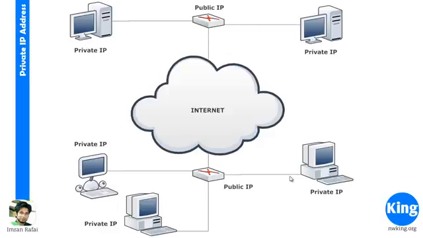So in today's situation, the internet assigns public IP addresses to your routers. You have routers which are public facing or internet facing, and they will get a public IP. Computers in your local LAN will all be assigned a private IP by your router, this device that is facing the network. So that's how the internet works in today's scenario.